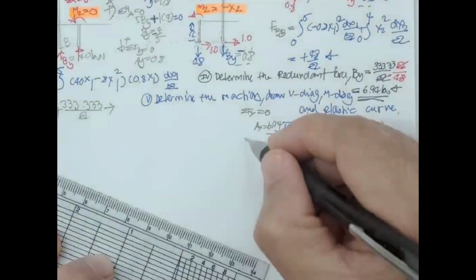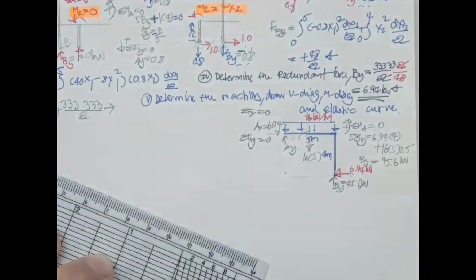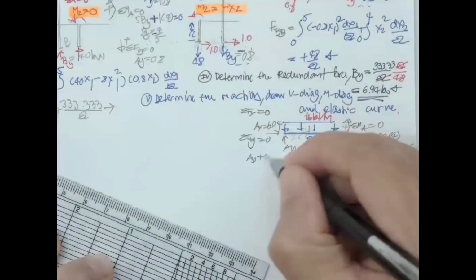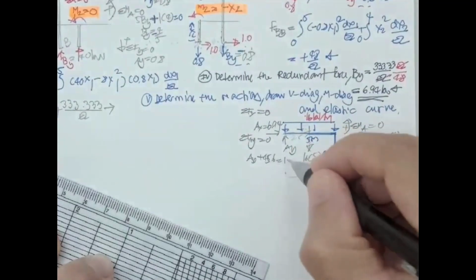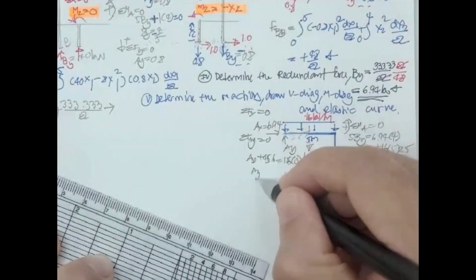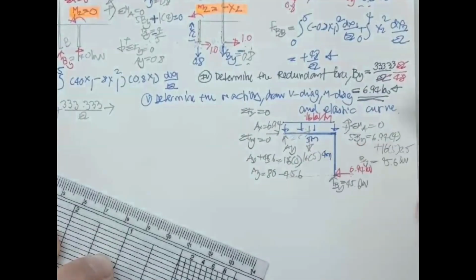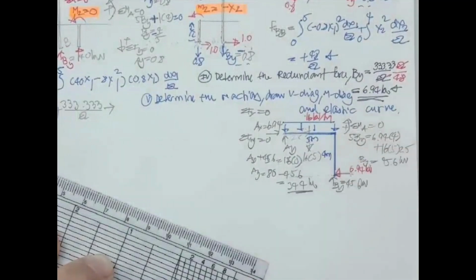And then if you do the summation F sub y equal to 0, okay, A sub y plus 45.6 gonna be 16 times 5. A sub y gonna be 80 minus 45.6, and I get it to be 34.4 kilonewton.